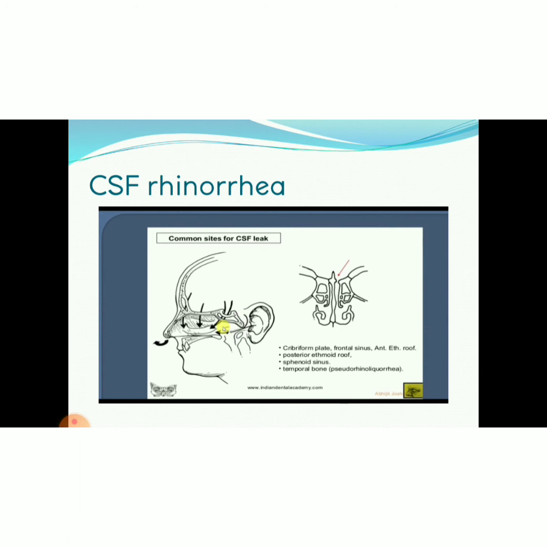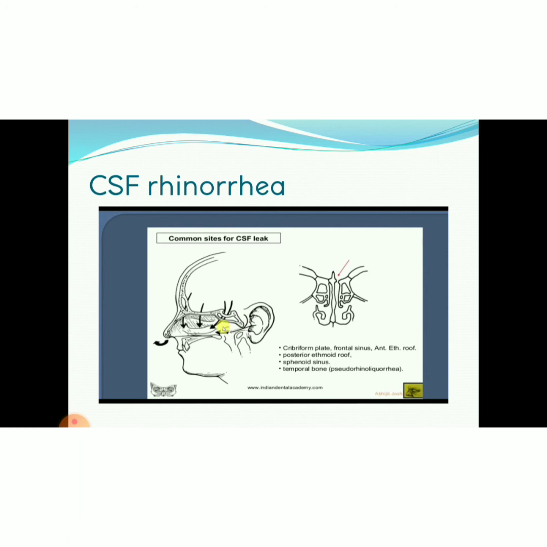The site of leakage can be through the cribriform plate. The CSF from the anterior cranial fossa will reach the nasal cavity through the cribriform plate, roof of ethmoid air cells, or frontal sinus. This occurs in fractures.